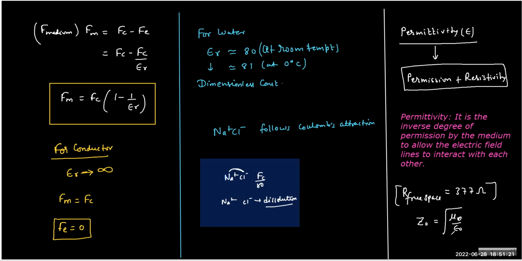So this is the resistance of free space. Mu naught comes from magnetism. That's called the permeability, the permission and ability.